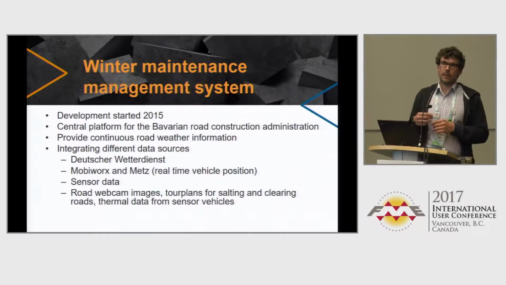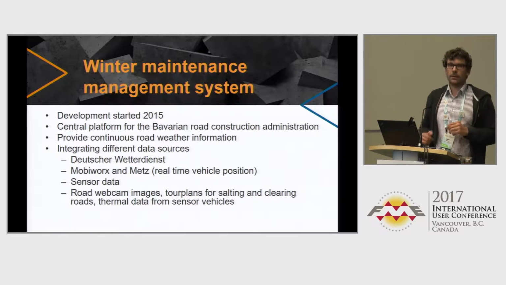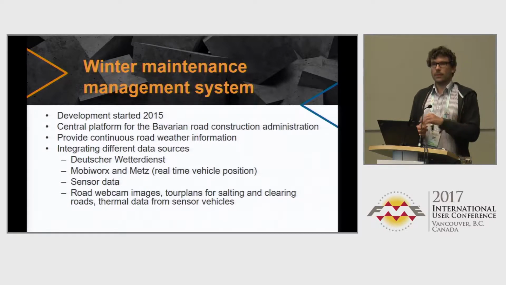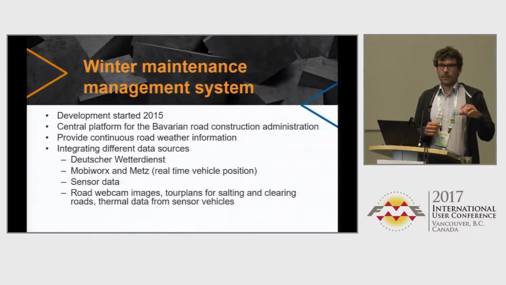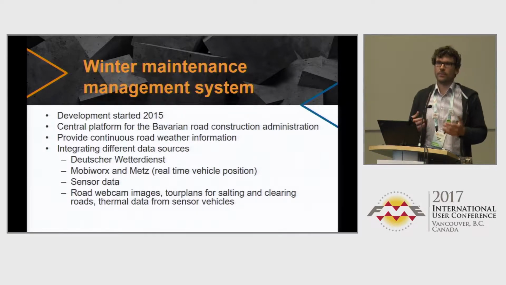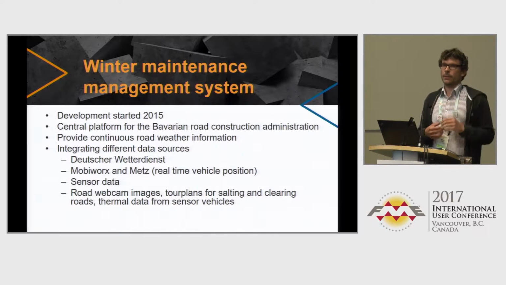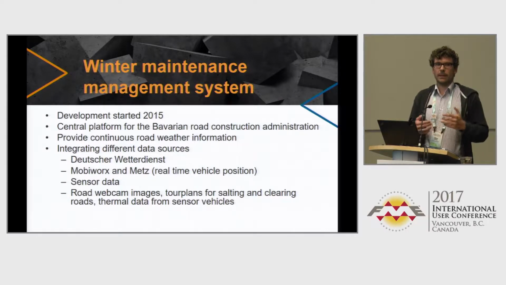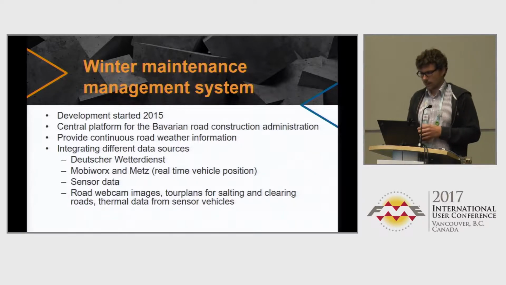That's also quite interesting. We have thermal data from sensors on vehicles. So there are some special vehicles that they send along the roads to measure the temperature or the distribution of temperatures where they don't get continuous information, but then they use the values from these drives to actually calculate, or we do it on FME Server to calculate the temperature or to improve the temperature model that we have at these points so that we know even on places where we don't have sensors, we get better estimates how the temperature there might look like.